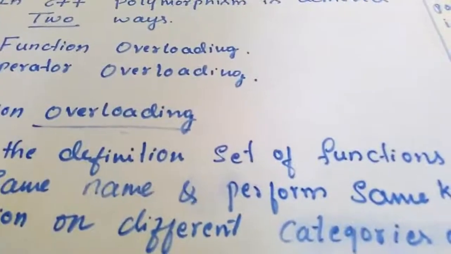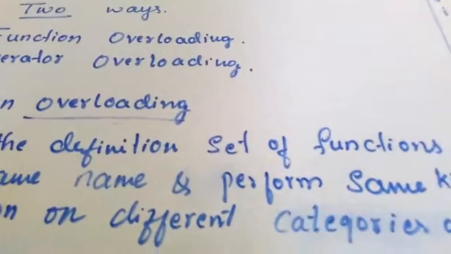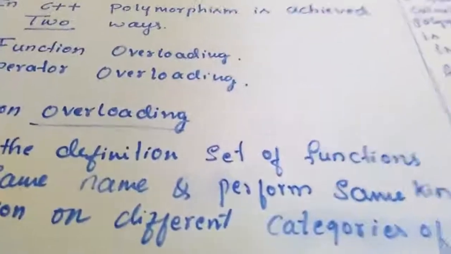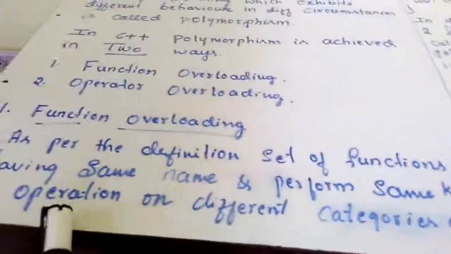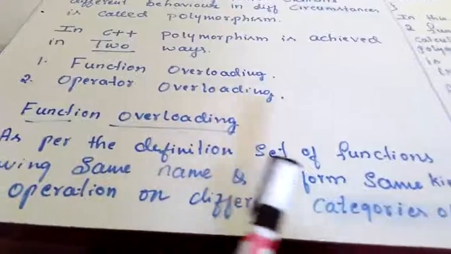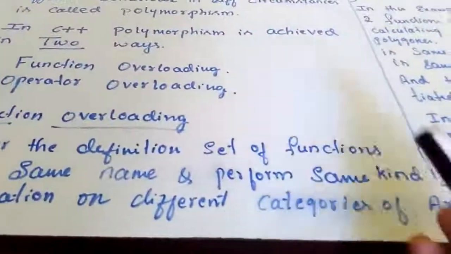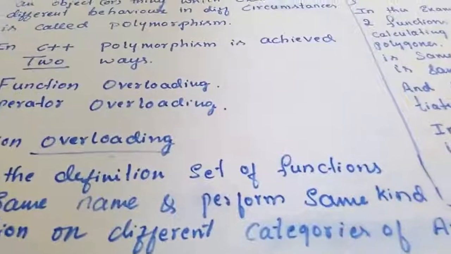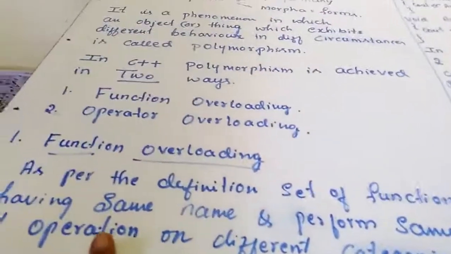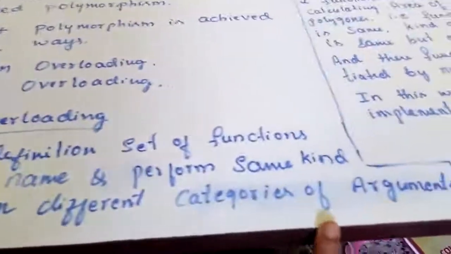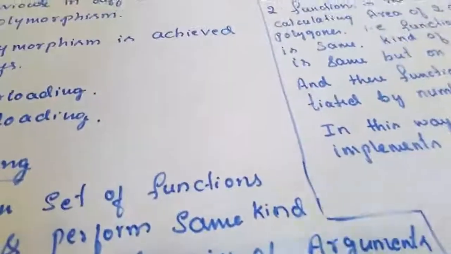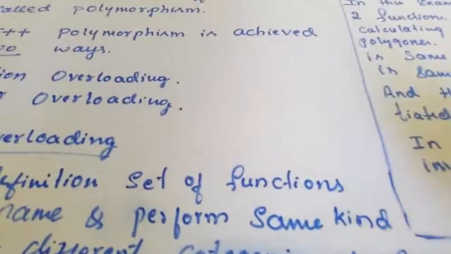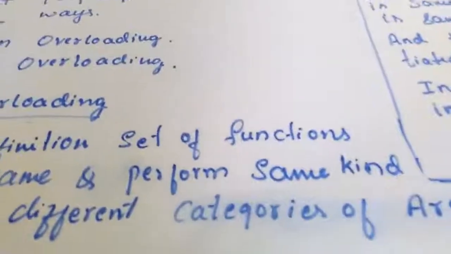In all function definitions we are calculating volumes, but in each function definition we calculate a different polygon's volume. The operation is volume only, but on different categories of arguments. Based on what type of arguments we pass, it chooses which polygon volume it has to calculate.